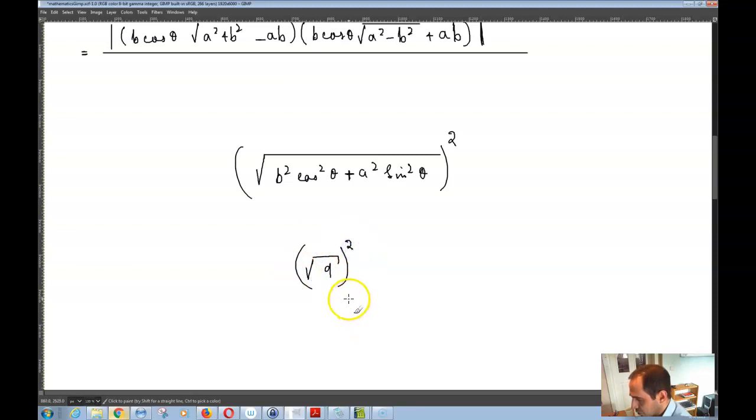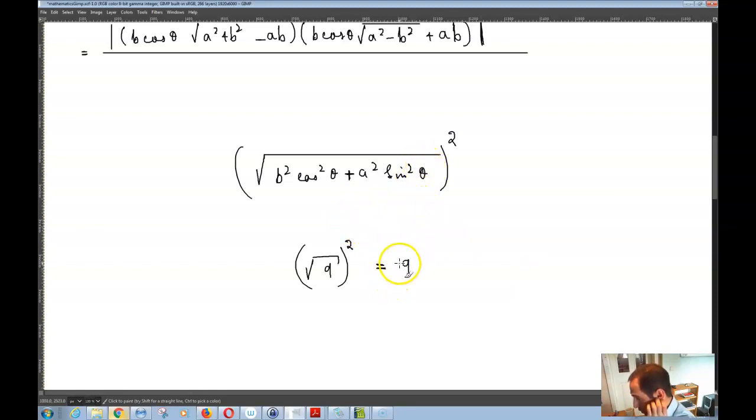The square root of 9 whole squared can only be 9.